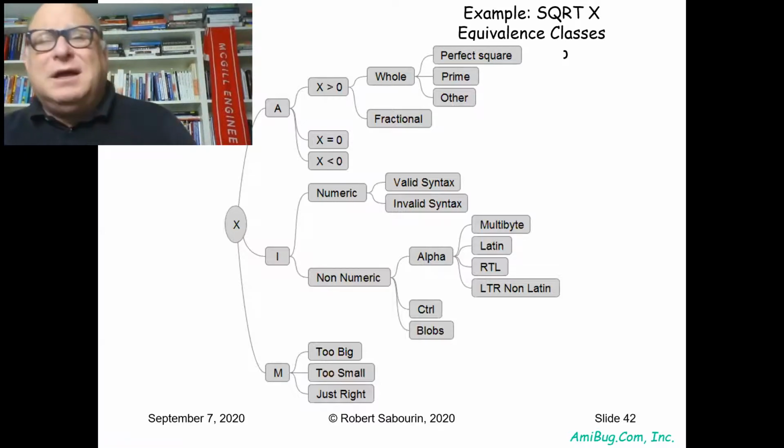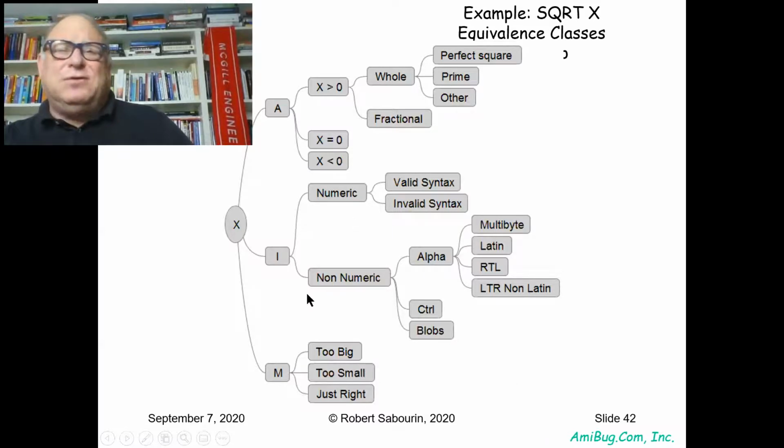So in this case, if we identify the non-numeric classes that I've selected here, and we're adding additional tests to the ones we've already done in the A classes, we would need to add a test, I guess, for numeric invalid syntax. So something that's in a syntax we don't understand, like, for example, a comma for the decimal point might be a syntax we don't support.